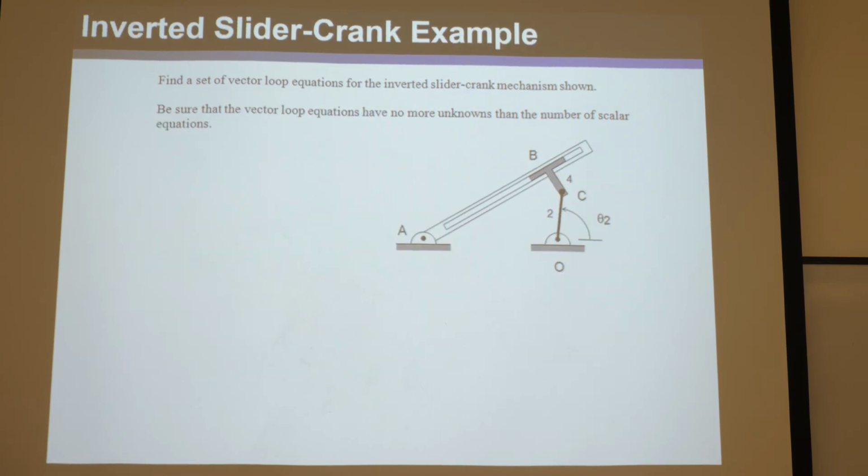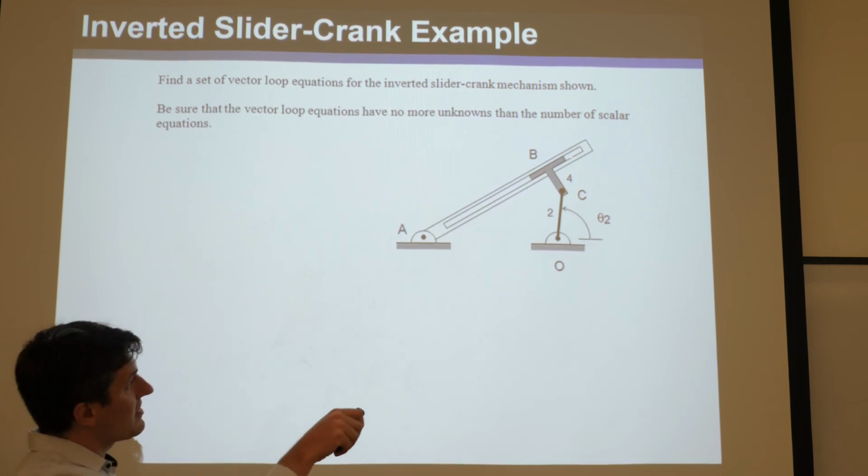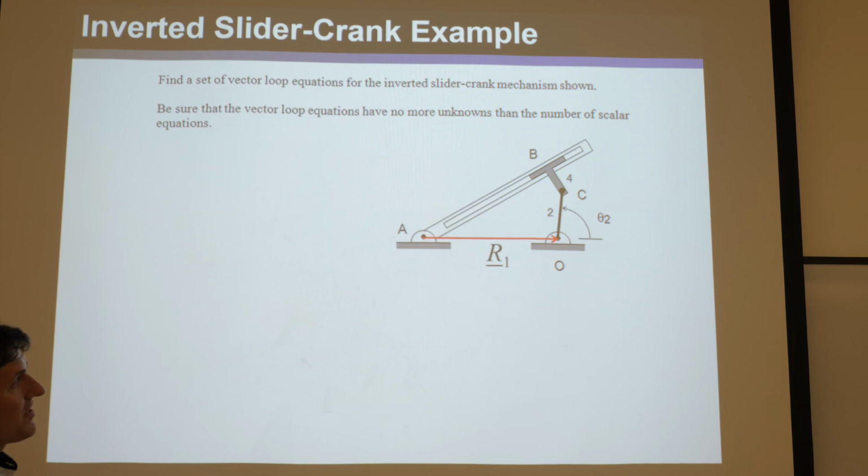Okay, so this one is an inverted slider crank example. It's actually very similar to the last one. You've got a slot, a prism joint sliding in this slot here, attached to these things. Let's do the vector loop for this. It's actually pretty easy. You connect the pins there, those are the two easiest.